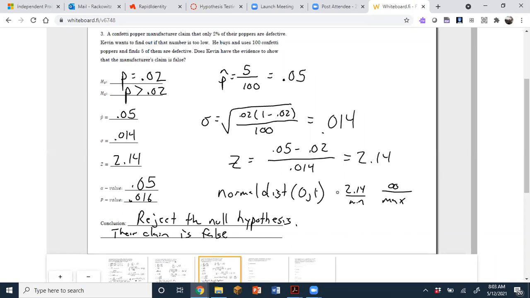Based on his findings, they are producing more than 2%. Statistically saying that this 5% on this big of a sample is not just a once-happened-by-chance kind of thing. Question so far?